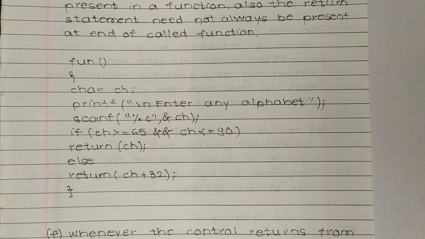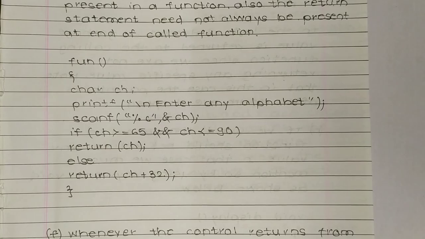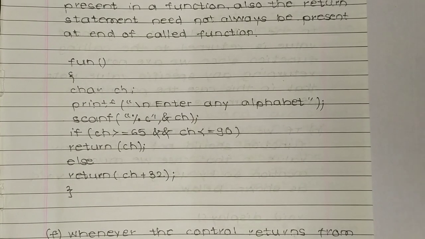Now if ch is greater than or equal to 65, so this is the first comparison, and here a logical operator is used, and ch is less than or equal to 90. So this is the second condition.